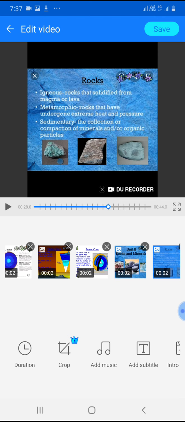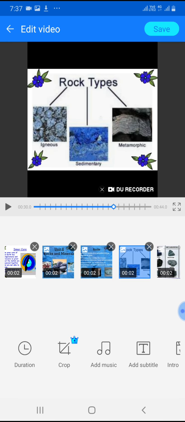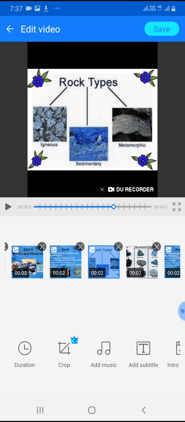For example, clay changes into slate and limestone into marble. Now these are all about the rocks. See this diagram. The different types of rocks are igneous, sedimentary and metamorphic rocks.